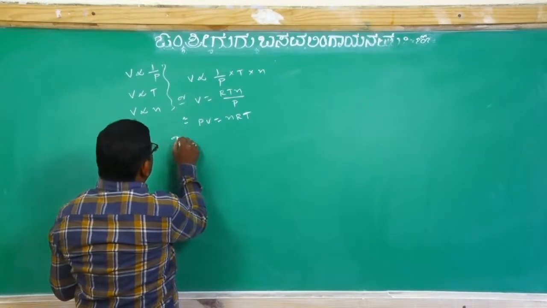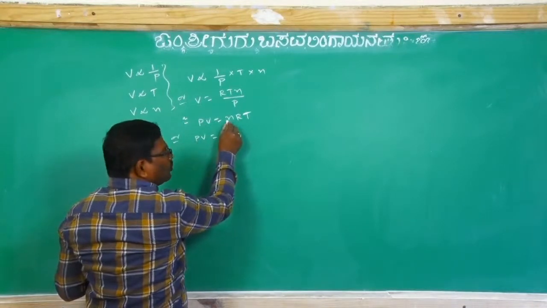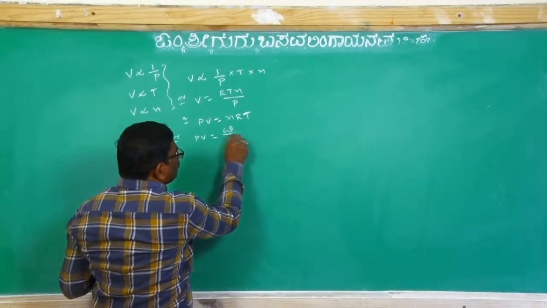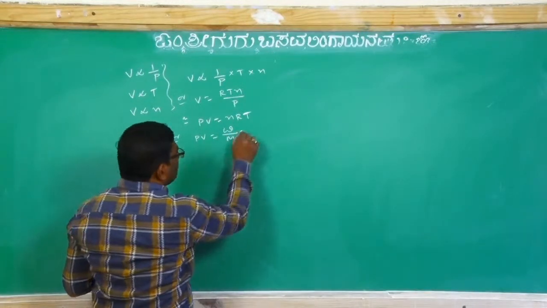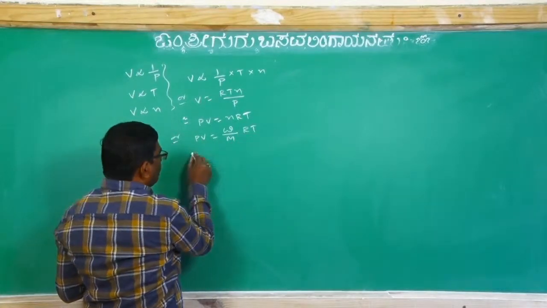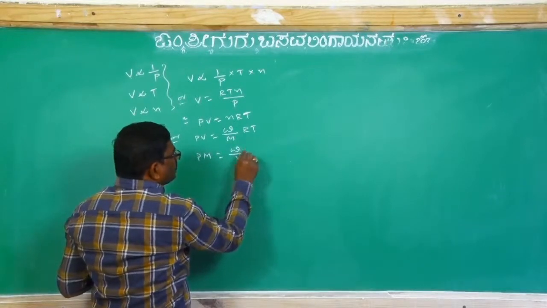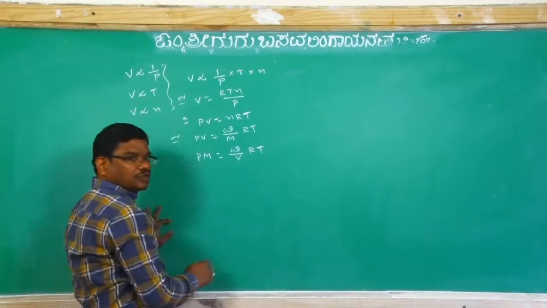Or, if we want to bring in the density term, PV equals n, which you can write as actual mass by molecular mass, into RT. Molecular mass to the left side, volume to the right side: P into molecular mass equals actual mass by volume into RT. Correct?